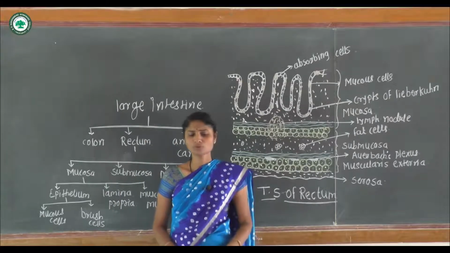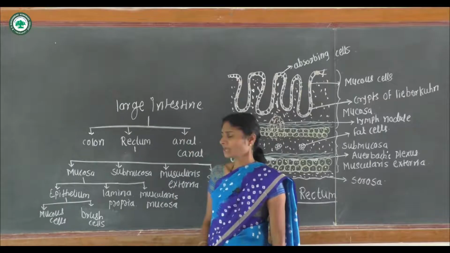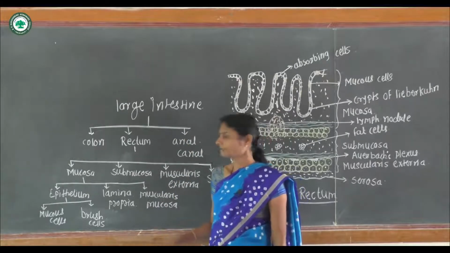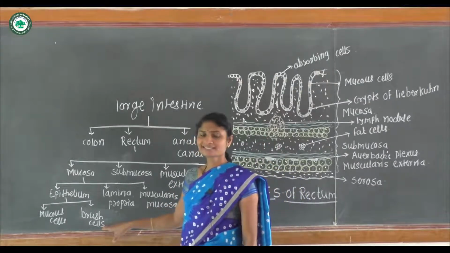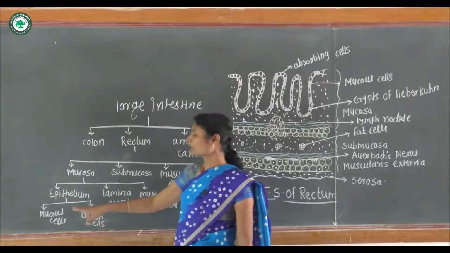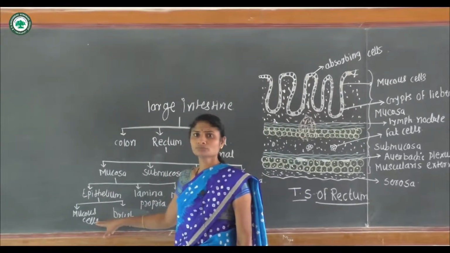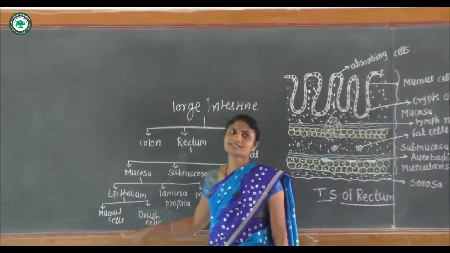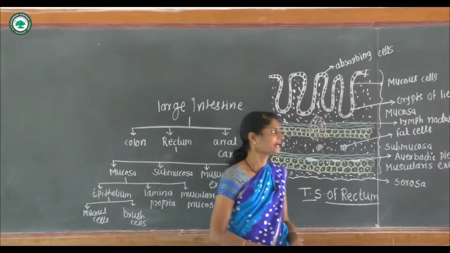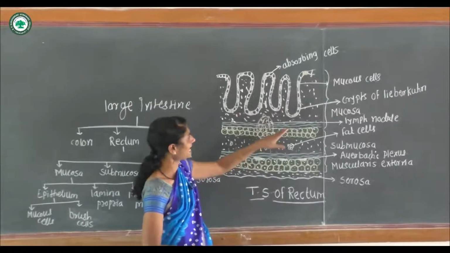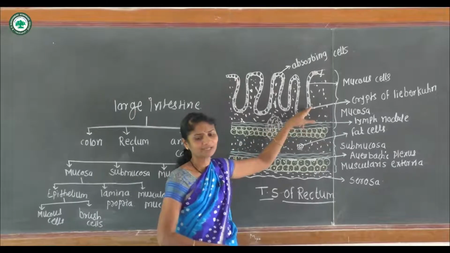The mucosa functions in absorption of water by brush cells, and mucus is secreted with the help of mucus cells. Next layer is lamina propria layer.